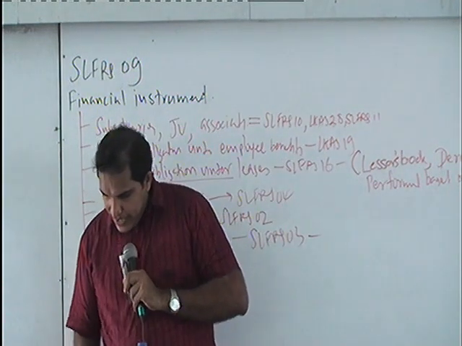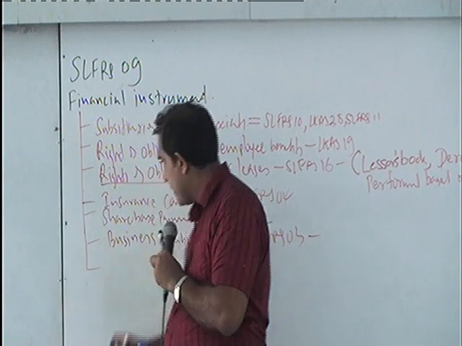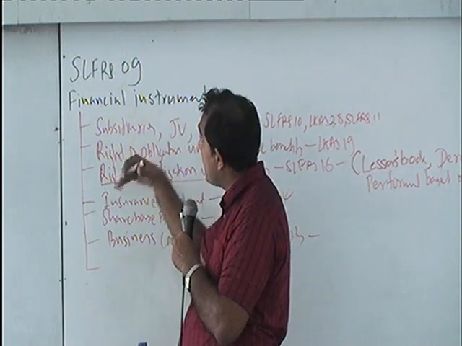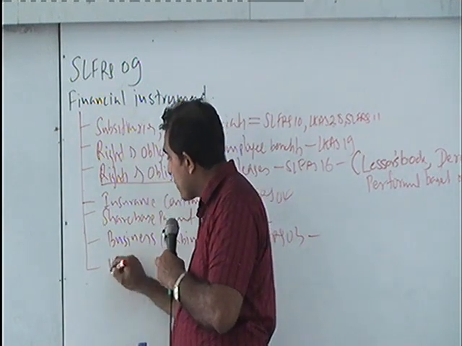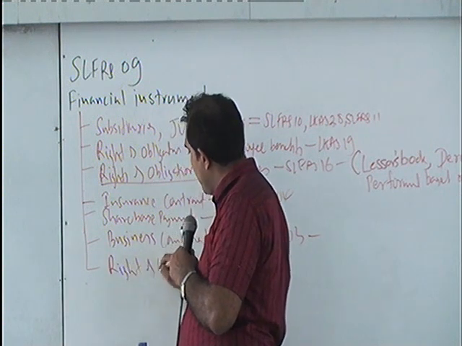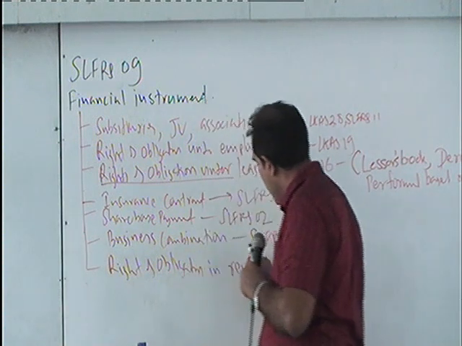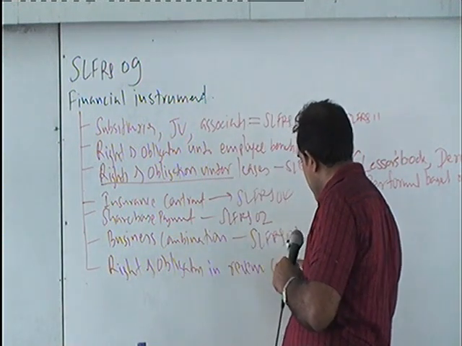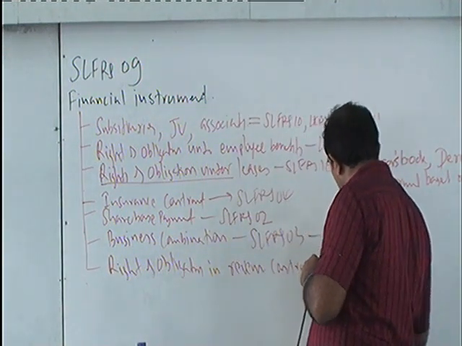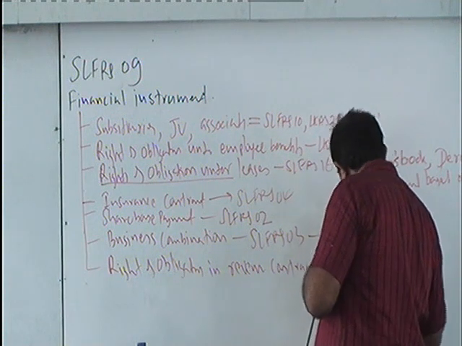What else? We need to eliminate from this scope rights and obligations in a revenue contract, SLFRS 15.